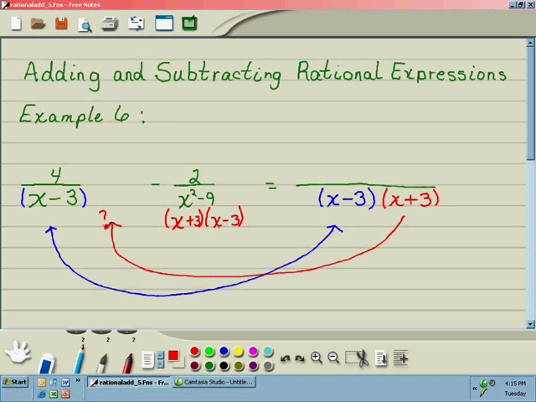That part is missing, and because it's missing, we'll need to multiply by x plus 3 for the missing part. What we multiply on the bottom, we'll multiply on the top.